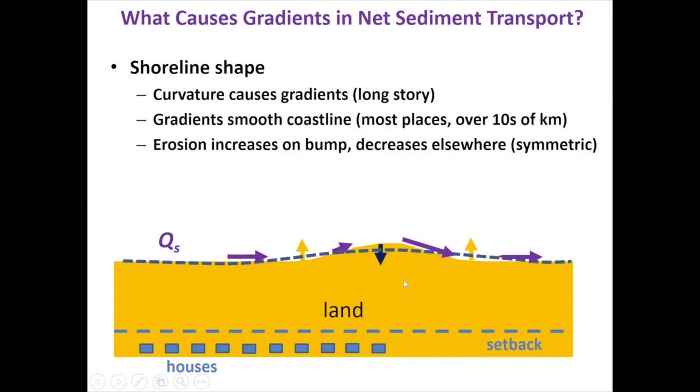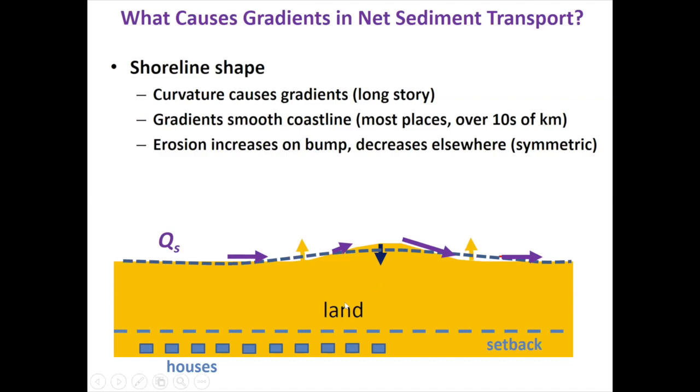And so what we tend to have is, if we just made a bump and let the alongshore sediment transport do what it does, then that bump would be spread out. So we tend to get erosion around the crest, and this reduced erosion, if it's overall an eroding shoreline, on the flanks.